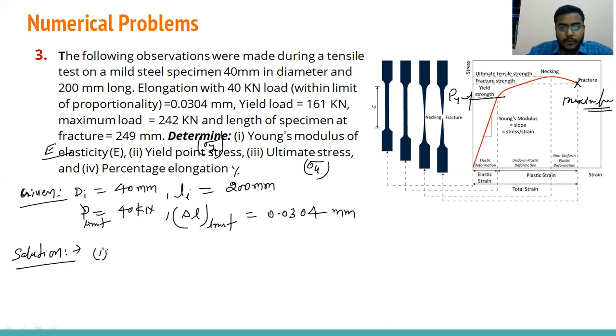Whenever you see any question, always keep in mind what is given and what to find out, and try to find some relation between them. So first we have to calculate E. What is E? E is the ratio of stress to strain within the elastic limit. So to calculate E, we take stress divided by strain.